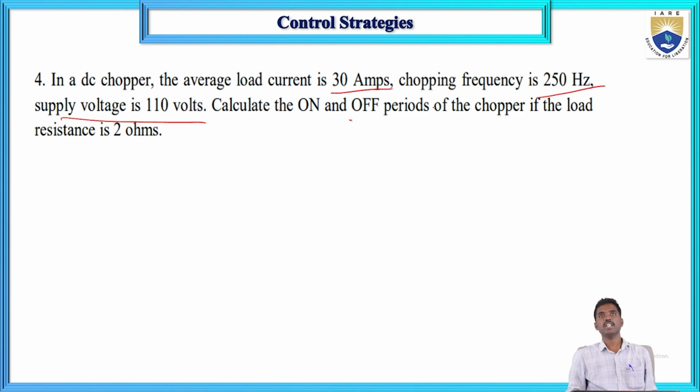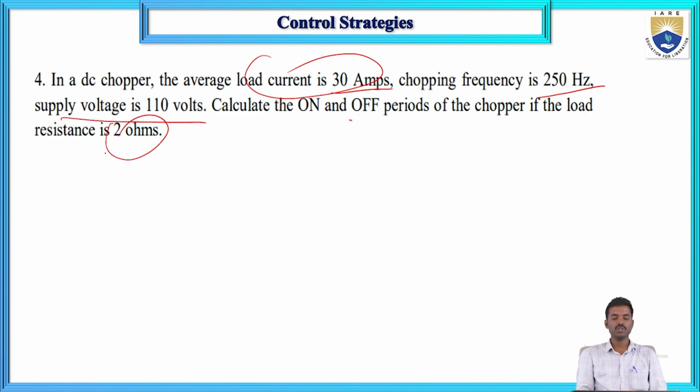In the previous case we calculated T on only, but here you need to calculate T on and T off of the chopper if the load resistance is 2 ohms. Load current is 30 and load resistance is 2 ohms. Input voltage Vs equals 110, and what will be the V0 value? 2 into 30, that is 60 volts, step down chopper.